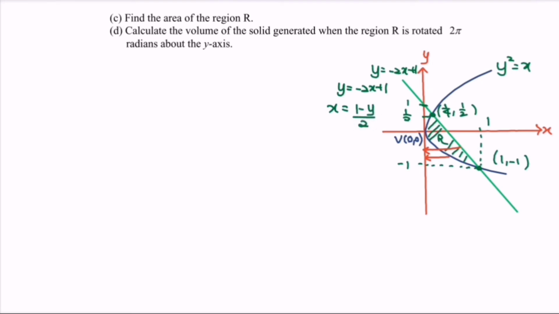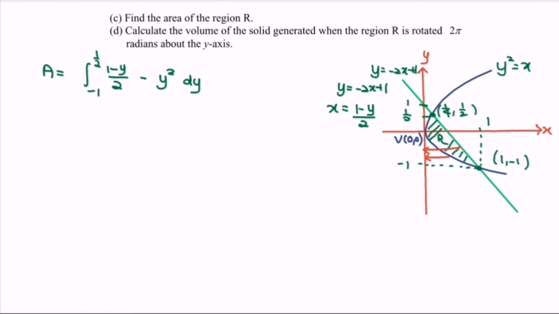So kindly have the area formula. A equals the integral where the longest one will be (1 minus y) over 2, minus the shortest one, which will be y squared, with respect to y. For the limits, we have negative 1 until 1 over 2.